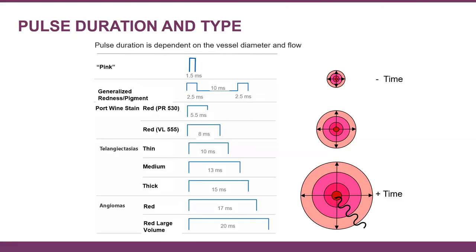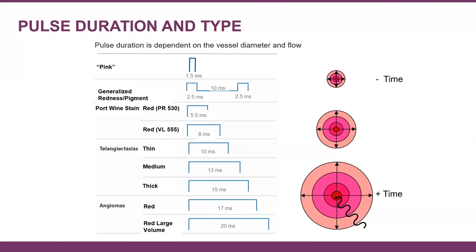If we're looking at, and you'll see some images in a moment, of a patient who has diffuse redness, which could well be rosacea, then we tend to do quite short pulses, so 2.5 millisecond pulses, but we'll leave a delay of 10 milliseconds before we fire the second pulse. And this allows that cooling of the surrounding tissue before we start to heat up the vascular element in the tissue again. Port wine stains, 5.5 milliseconds or shorter.